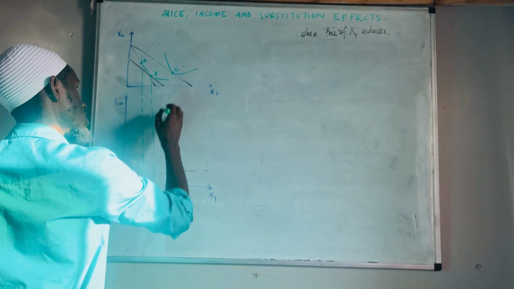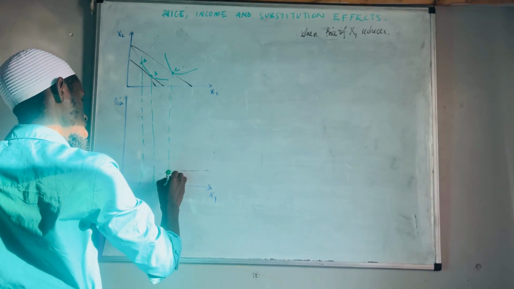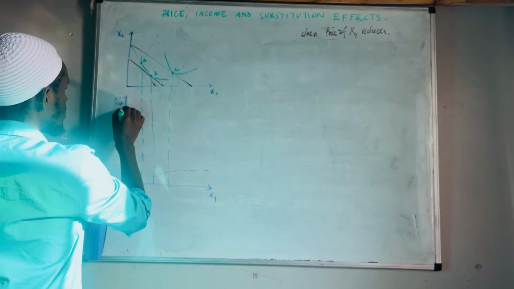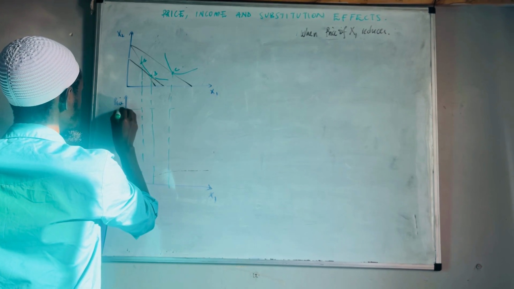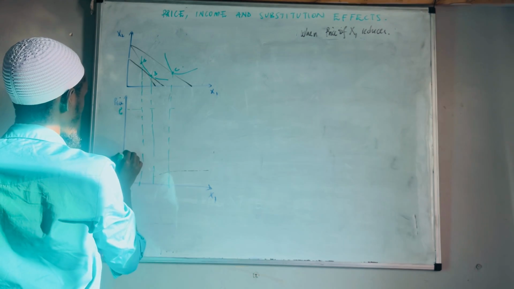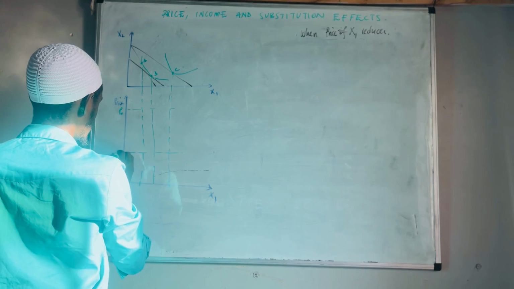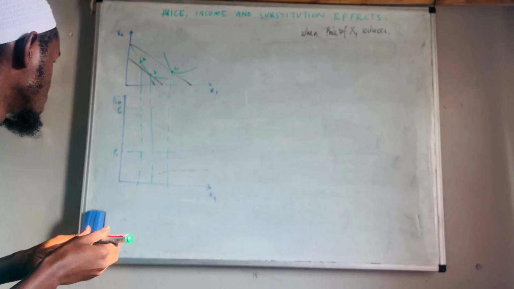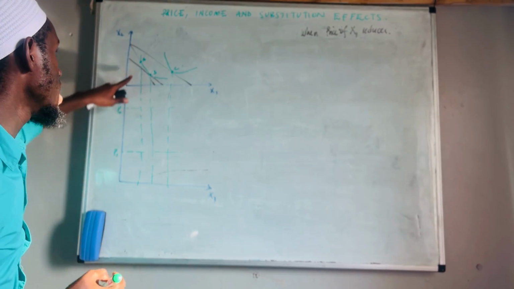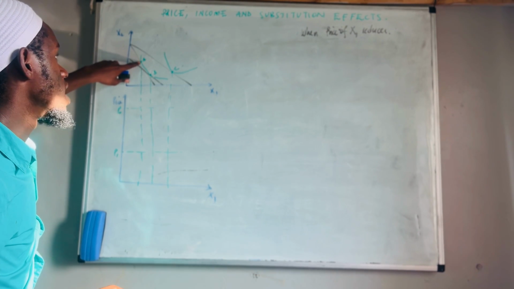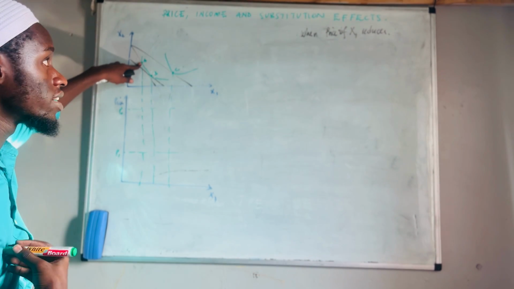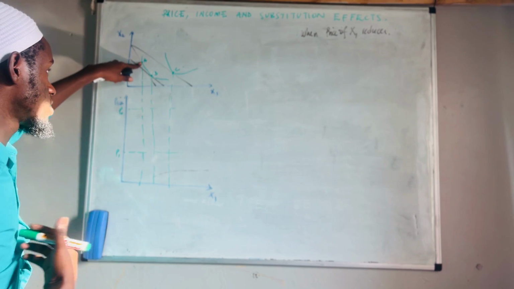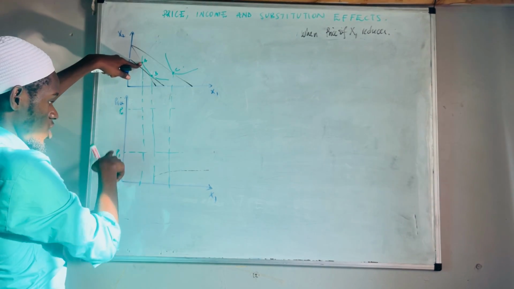Now members, if we try to extrapolate these points here and draw our budget lines here, we get to know that we have a higher price P0 and a lower price P1. At point A here, the price was still high. P0 is the higher price and P1 is the lower price.